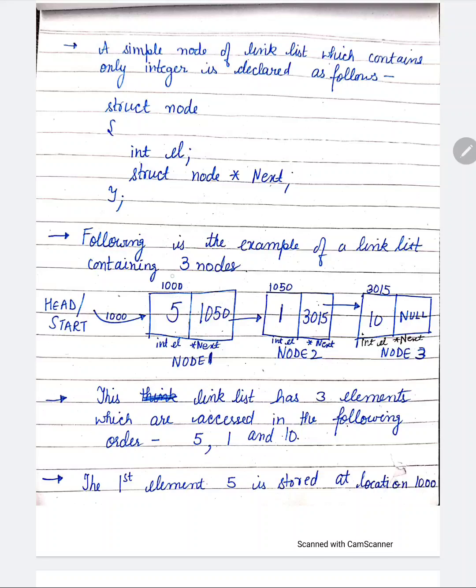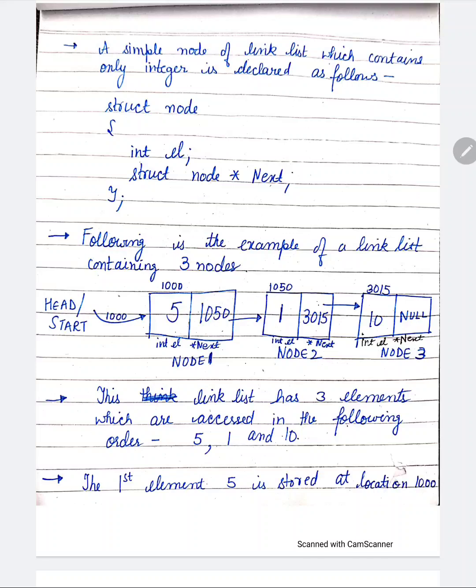So the address of the first node is 1000, the address of the second node is 1050, and the address of the third node is 3015. So head or start will contain the address of the first node, which is 1000. The next of the first node will contain the address of the next node, which is 1. So the address of 1 is 1050, and it is stored here in next.